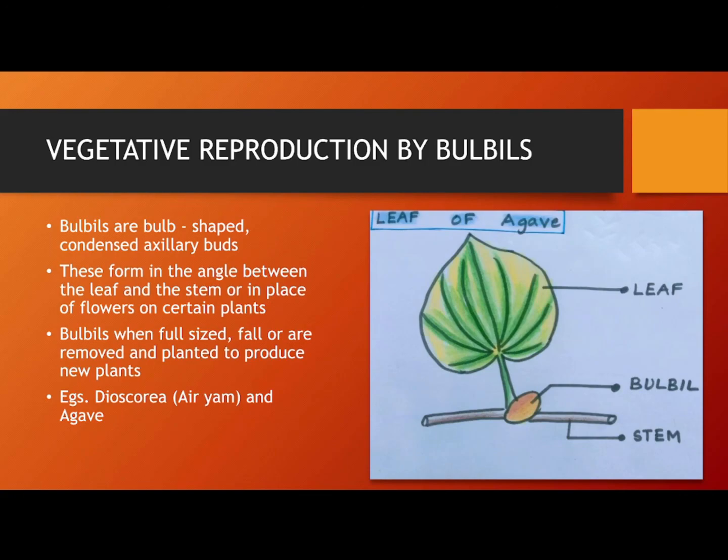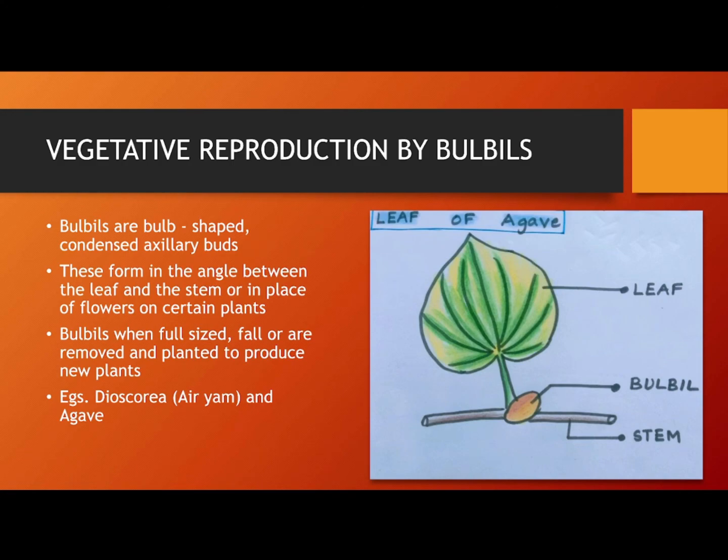Then the fourth topic, vegetative reproduction by bulbils. Bulbils are bulb-shaped condensed axillary buds. These bulbils are formed at the angle between the leaf and the stem, or sometimes in the place of flowers of certain plants.